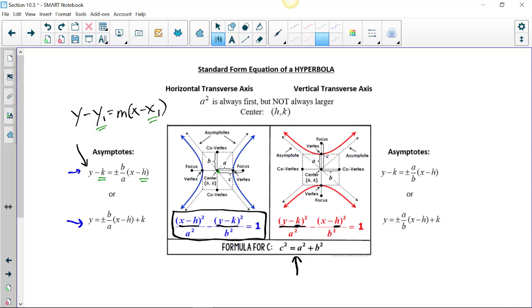Then you must know the slope. The slope comes from a and b, so it's either a over b or b over a, depending upon the orientation. We'll write some equations of asymptotes, but basically you use a, b, and c for the same things. We're just starting at a different center point as a point of reference.